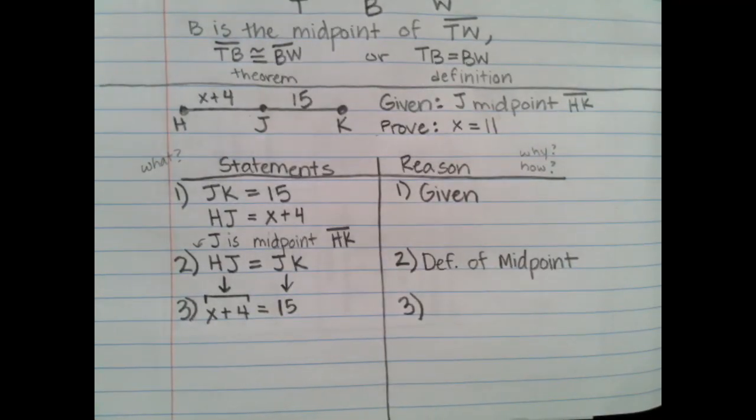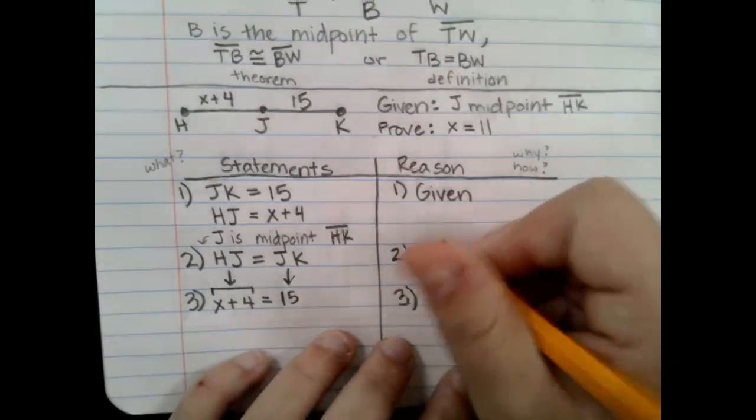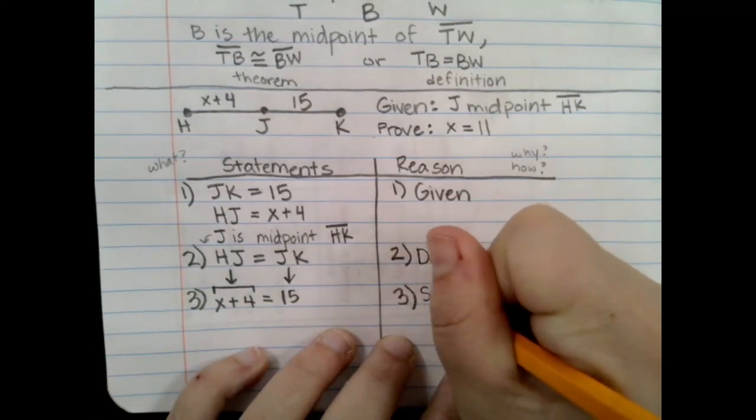So what do we call that? It's from that glue-in we did 2 times ago, when we switch something out for its equal value. Substitution. Good, so that's our substitution property of equality.